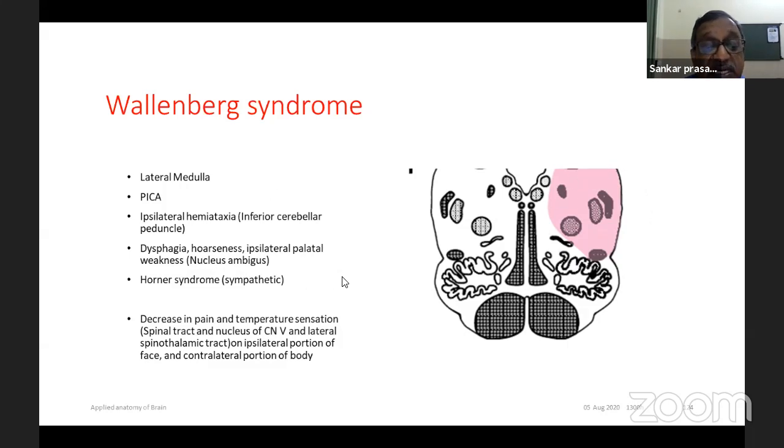Dysphagia, hoarseness, ipsilateral palatal weakness because of the nucleus ambiguus. Horner syndrome because of the sympathetic fibers involvement. Decrease in pain and temperature sensation, because of the spinal tract and nucleus of cranial nerve 5 and the lateral spinothalamic tract, on the ipsilateral portion of the face and contralateral body. So this is Wallenberg syndrome.